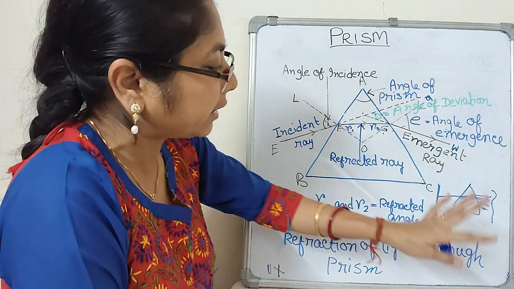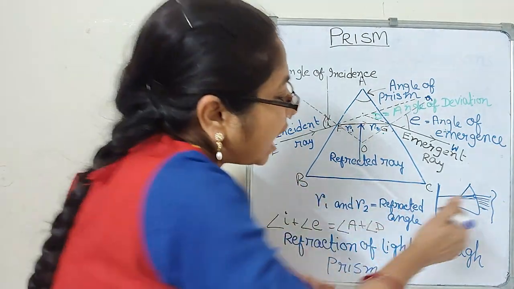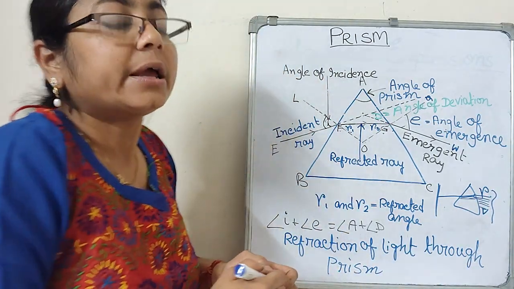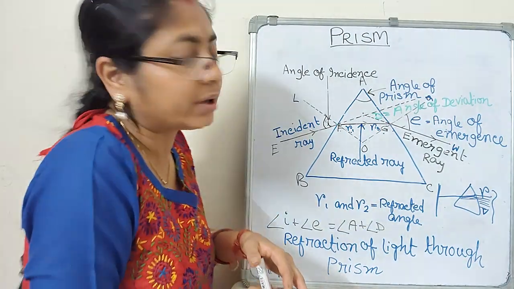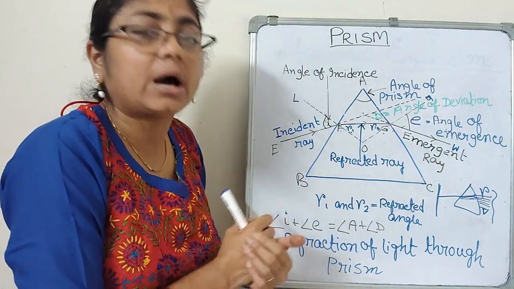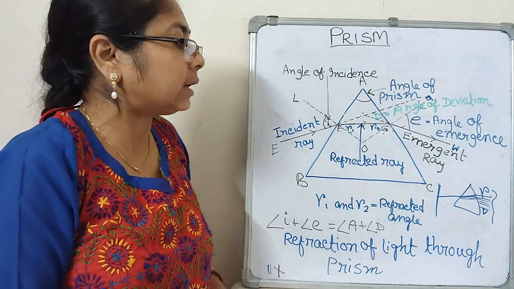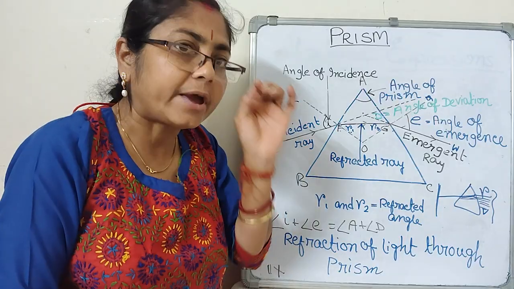And listen to one thing: the upper side is red and the lower side is violet. From this experiment we can understand that the wavelength of red light is more, and the wavelength of violet light is very less.